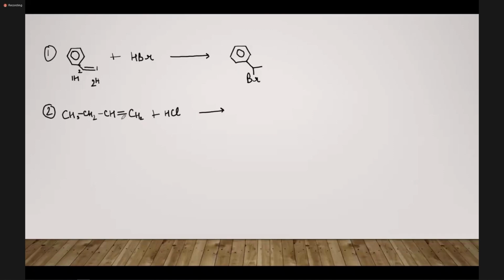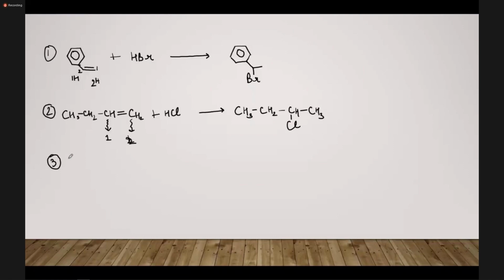This one also you will have to apply the Markovnikov's rule. So again, when we are counting, this carbon will have one hydrogen and this carbon has two hydrogens. Fine. So again, the compound will look like, Cl will be here and here it will be CH2. Okay.